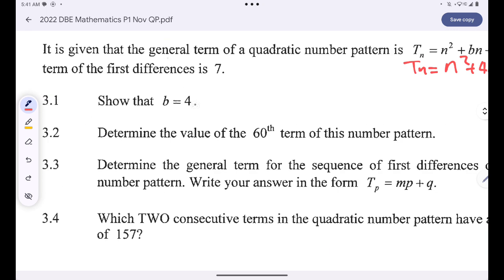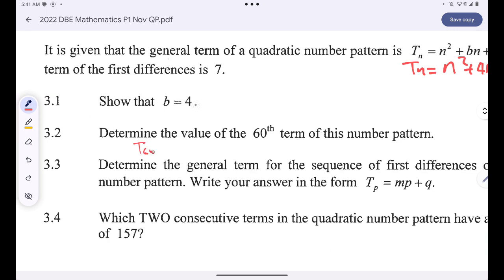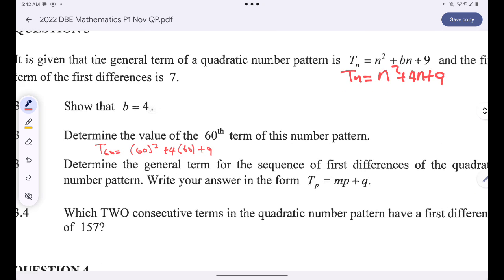Simply means I'll say T60 is equal to, whenever I come across n, I'll just substitute 60 squared plus 4 times 60 plus 9. So this is 3,849.